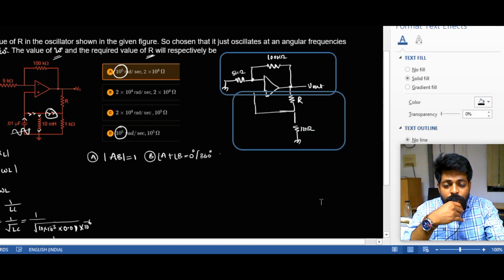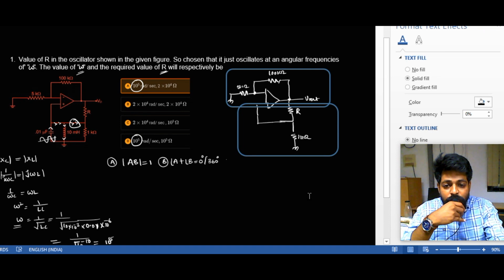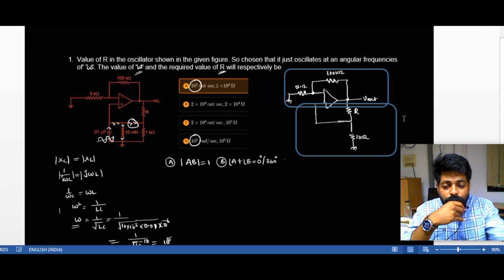Yes. So the entire circuit is divided into two parts, where this is just a feedback network, and this is an amplifier network.